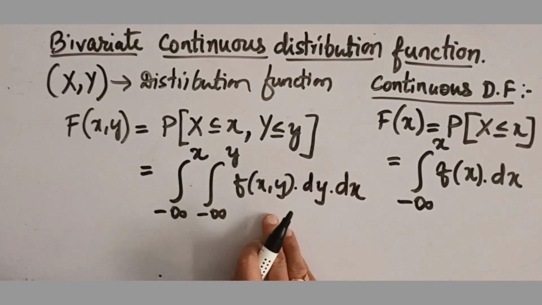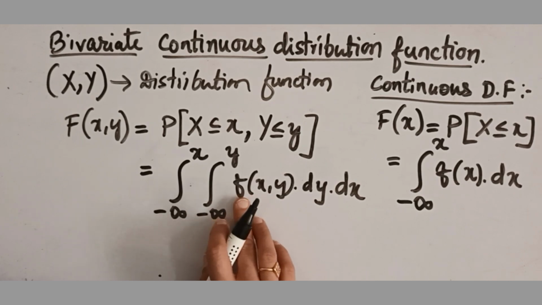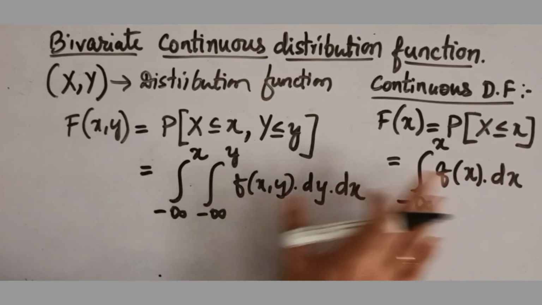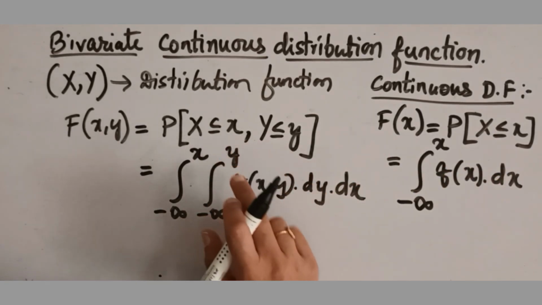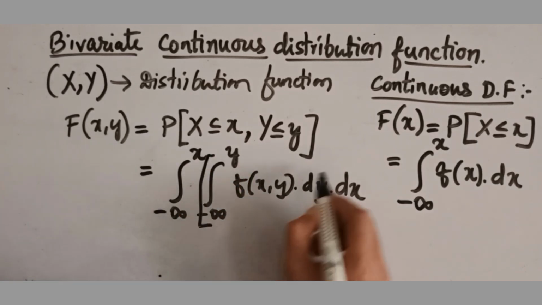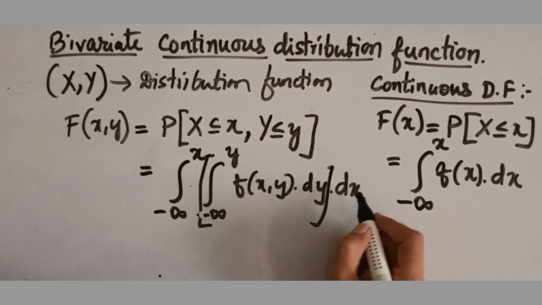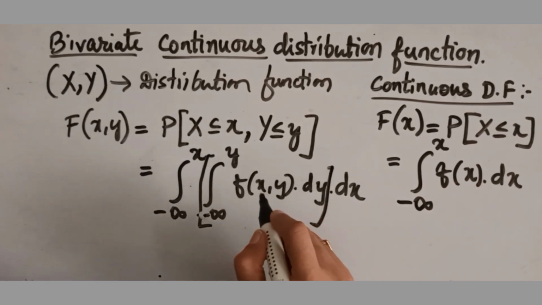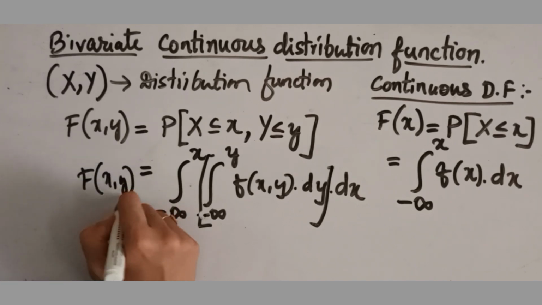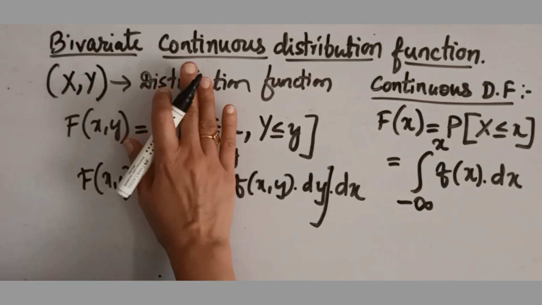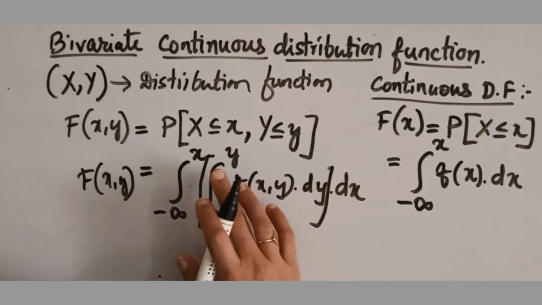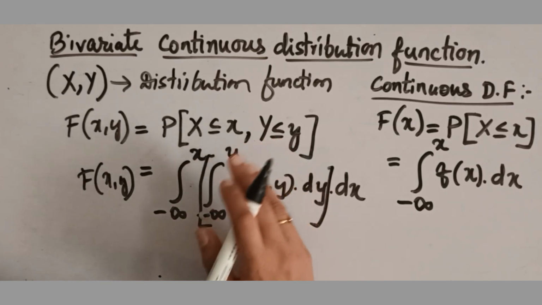The double integral is used, where f is the joint probability density function. Both definitions are similar, but here there is one more extra variable, that is y. Hence a double integral, and integration is first taken with respect to y, then with respect to x. That is how to do the double integral.